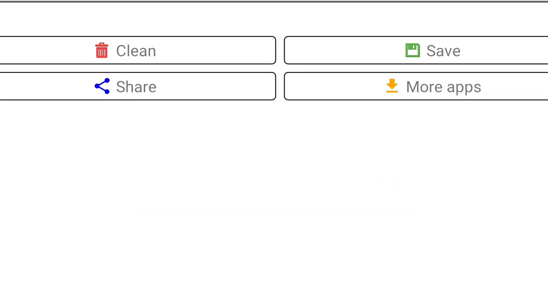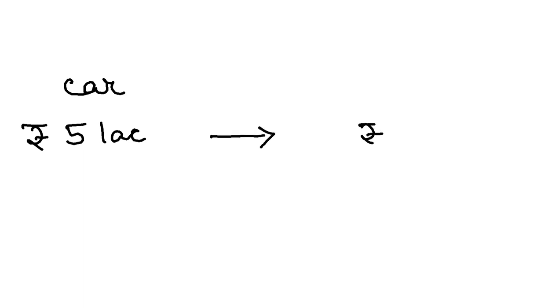Alright, okay, let's take another case. Suppose a person bought a car for, let's say, rupees 5 lakh, and then he sold the car to another person, let's say, at 3 lakhs, because it's a second hand car now, right? So in this case, this is the CP of the person and this is the SP of the person, isn't it?